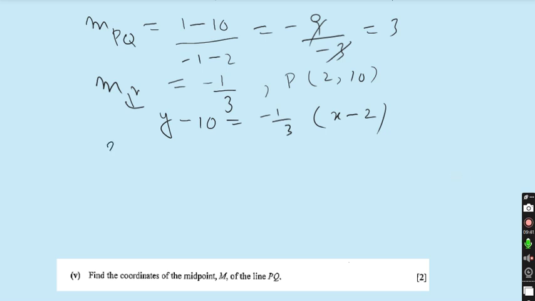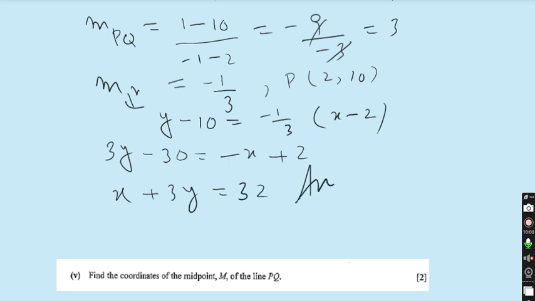Three into y is 3y, 3 tens are 30, minus x, minus minus plus 2. So x plus 3y, and 30 must go on the other side. 30 plus 2 is 32. So this is the answer of part number 4: x plus 3y is equal to 32.